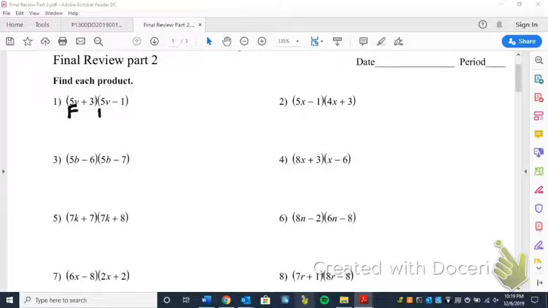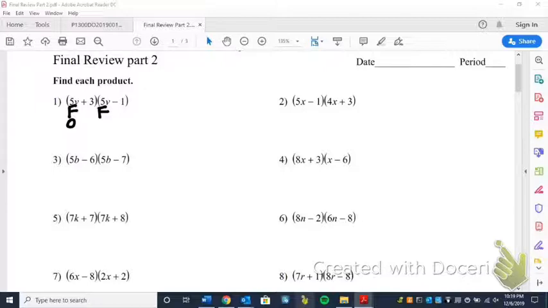So we have our 5v's, and those are the first. The F in first refers to where they are in the binomial. So the first term of the two binomials, 5v and 5v. We then have our outer ones, and our outer ones are in relation to the entire problem, okay?